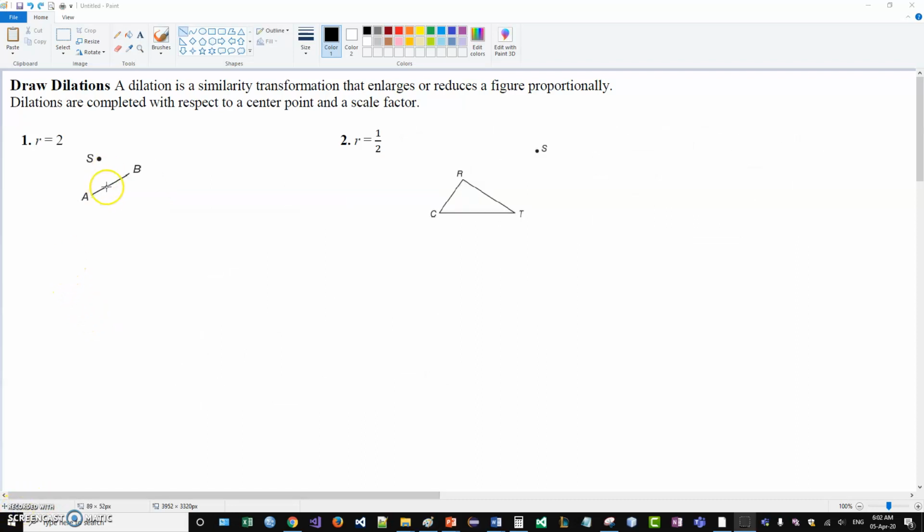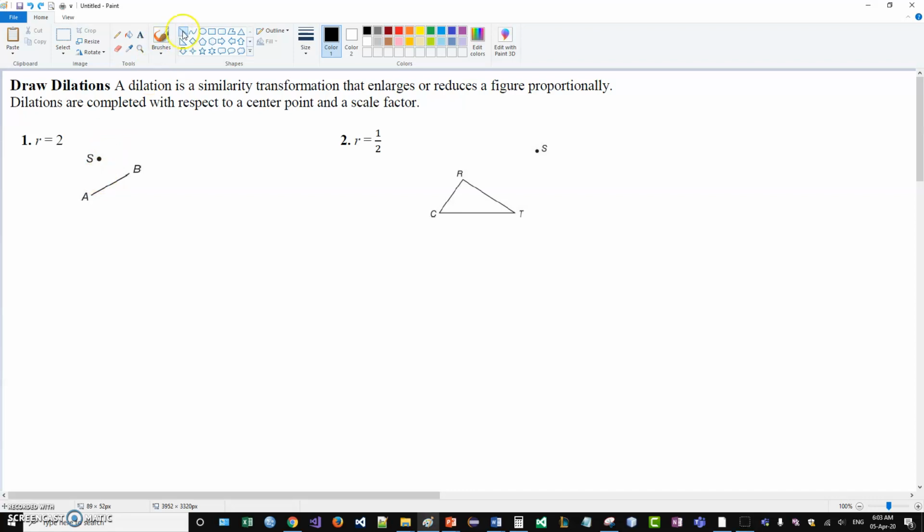Alright, let's look at these two examples. We want to draw the dilated image of segment AB with center S. So again, we're going to draw rays from center S to points A and B. This time we're dealing with just a segment, not a triangle or rectangle or anything like that.